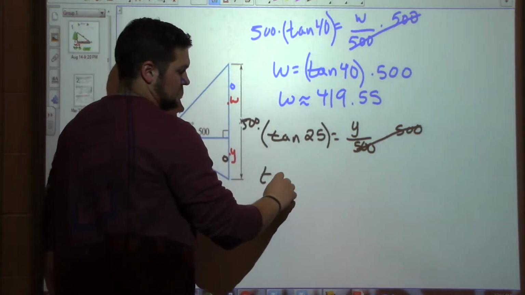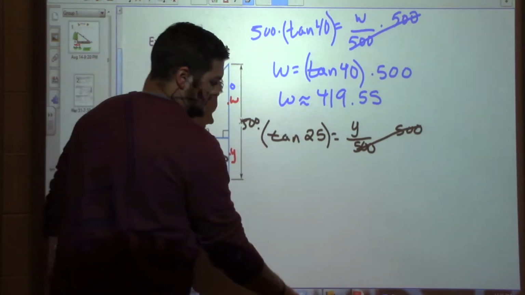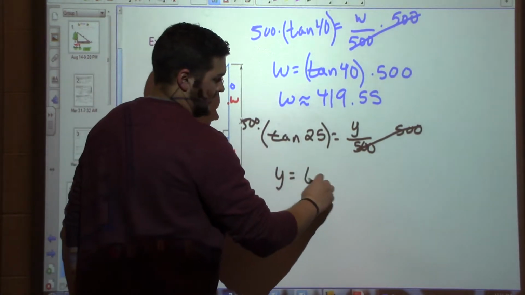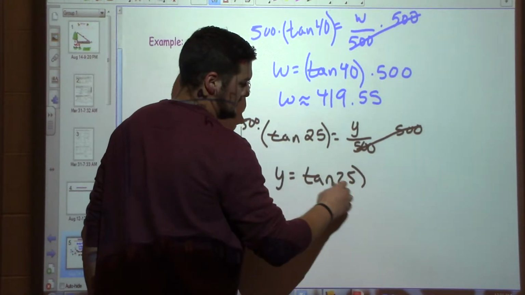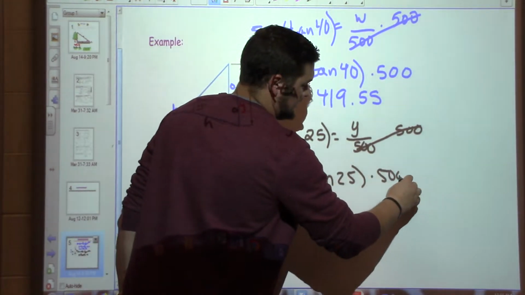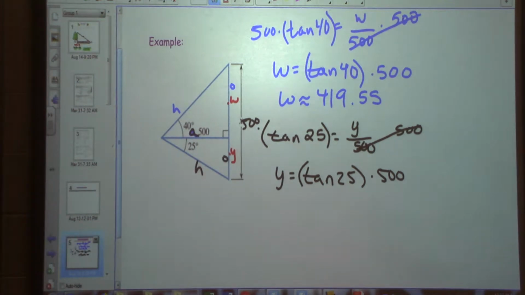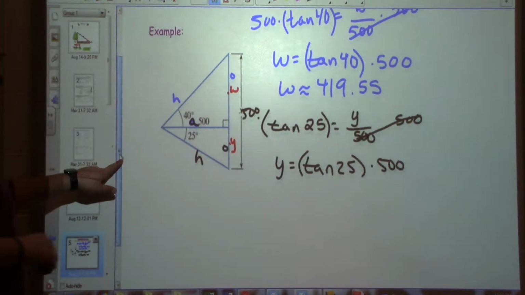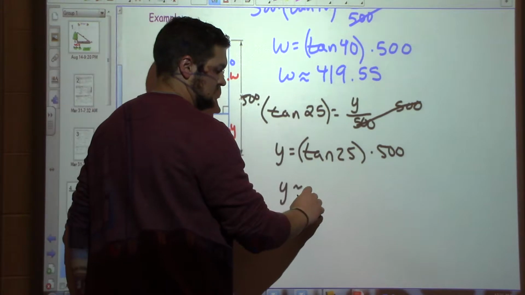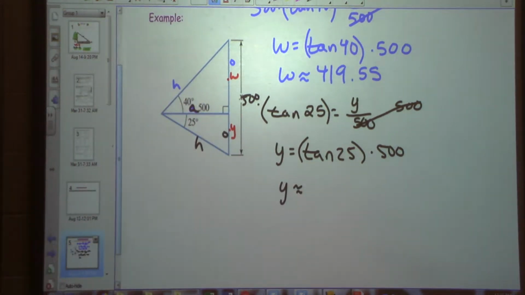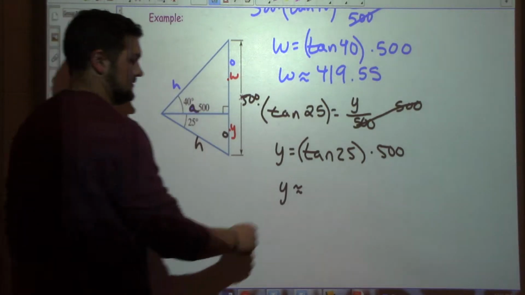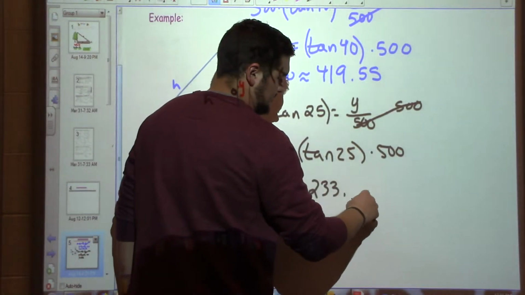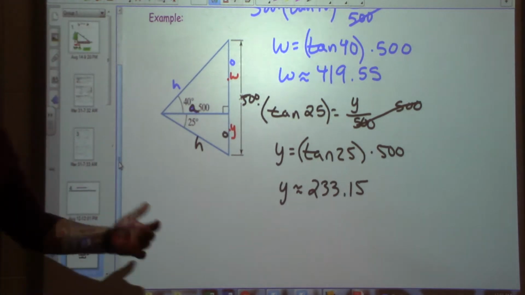So Y equals tangent of 25 times 500. Once again, rounding to the 100th place. What do we get? Jayla? 233.15. Good.